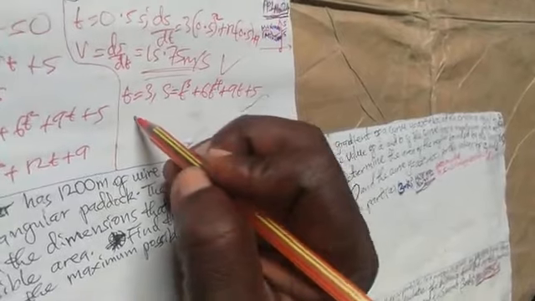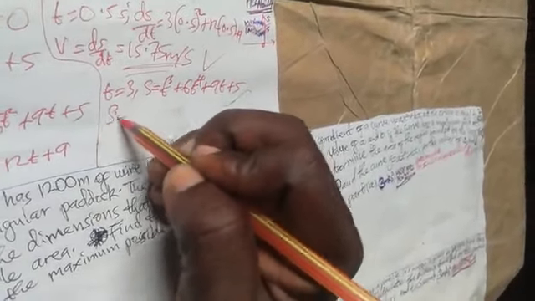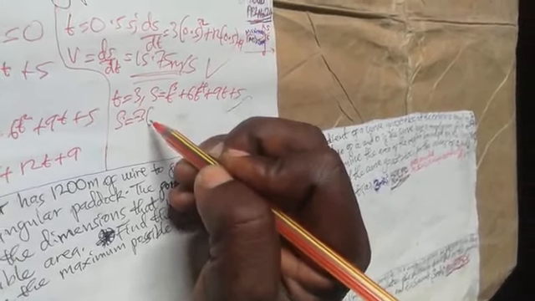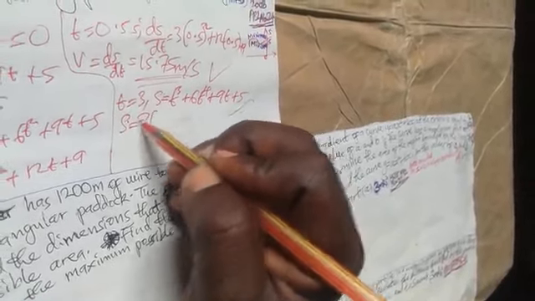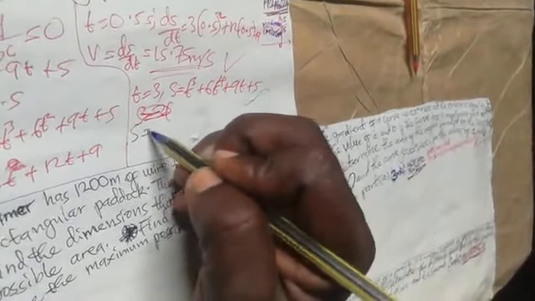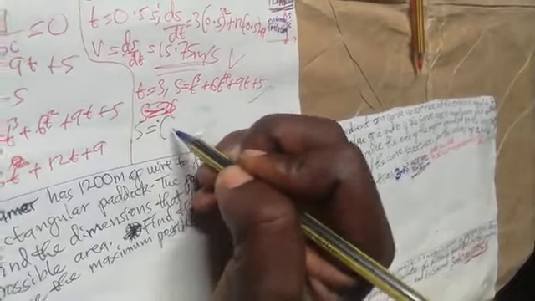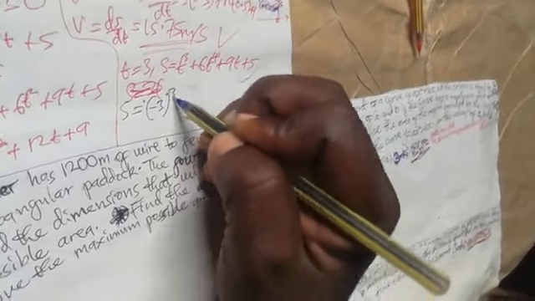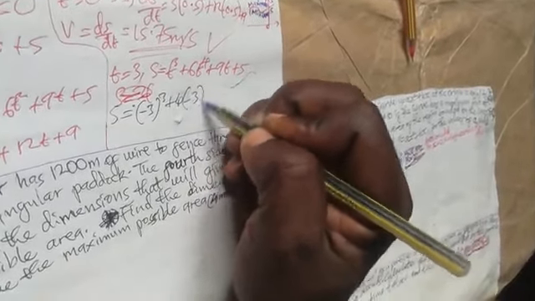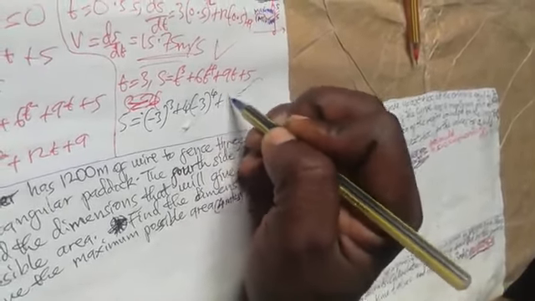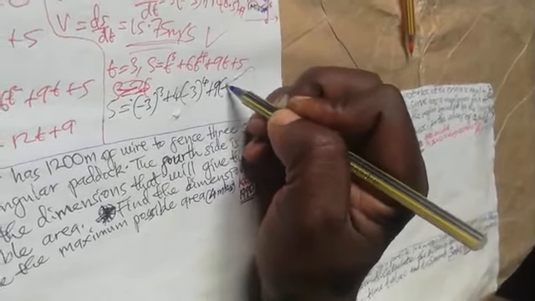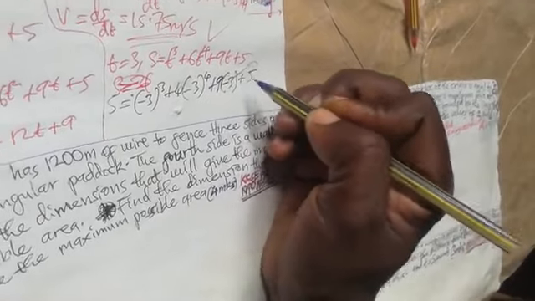Hence, we say t is -3. This is -3, sorry. We say this is (-3)^3 plus 4(-3)^4 plus 9(-3) plus 5.